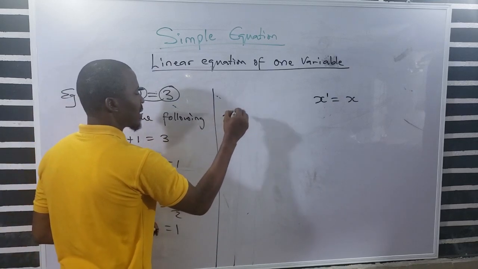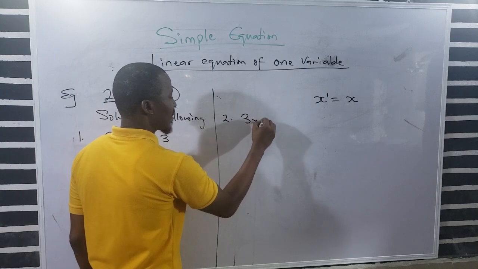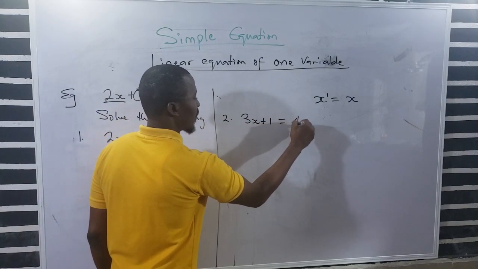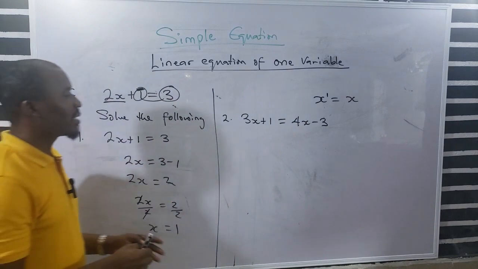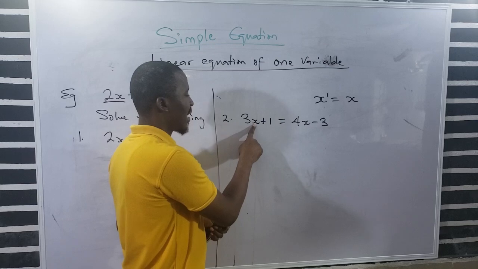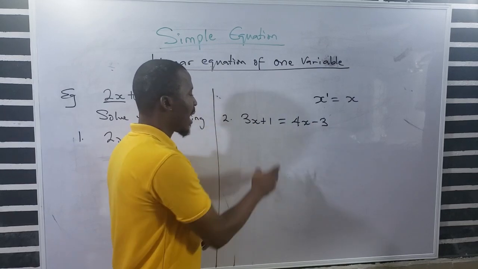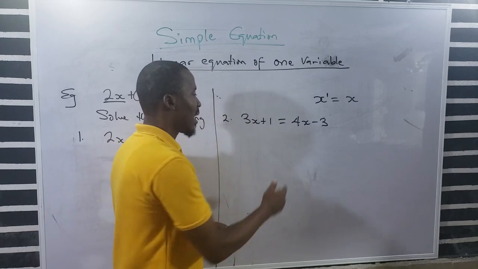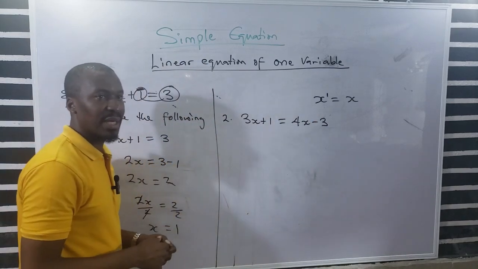So let us look at example number 2. We can have 3s plus 1 equals 4s minus 3. Okay, so in this case, you can see that we have s at the left hand side, and we also have s at the right hand side, and we have numbers at the left hand side and also numbers at the right hand side. So what are we going to do in that situation?